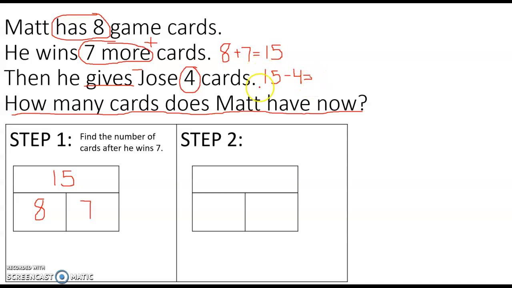In a subtraction problem, the greatest number is always the first number that we start with because then we take some away. We know that in an area model like this, our greatest number goes on top. So we're starting with 15 and we're taking 4 away. Can you solve 15 minus 4?